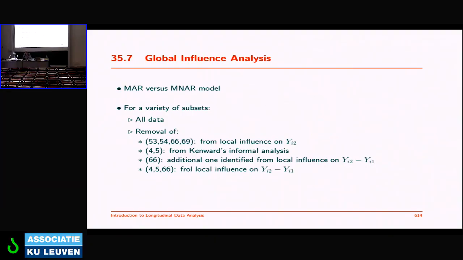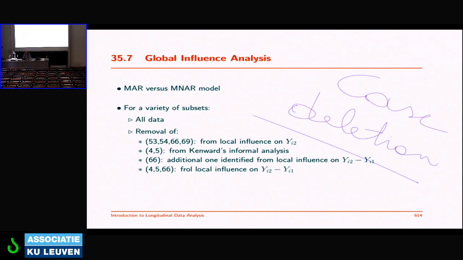Okay. Now, we could also do global influence analysis, sometimes also called case deletion. What does that mean? One by one, I delete the cases, and then I check how much that changed the likelihood. Isn't that simpler? Yes, methodologically yes, but in terms of actual practical calculations, no, because by removal of every one separately, it means you have to refit your model.